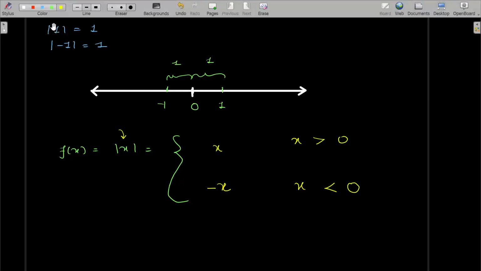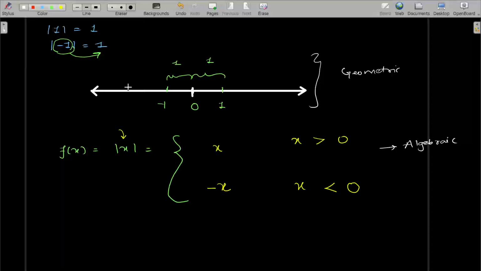see, when we inputted -1, it became +1. So if we have to represent this whole thing algebraically, see, this is the geometric interpretation of the absolute value function, and this is the algebraic interpretation.